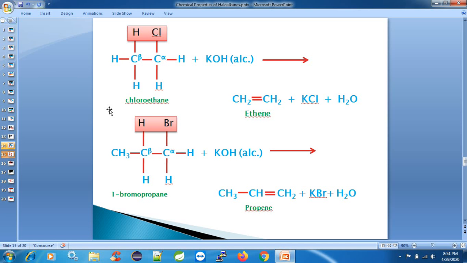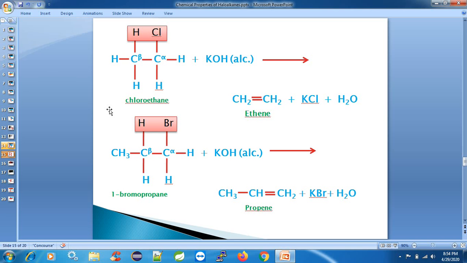Now I will discuss the examples. See the example here: chloroethane. Here the alpha carbon and beta carbon are both present. The alpha carbon is the carbon to which the halogen atom is attached, and next to it is the beta carbon. The hydrogen atom attached to the beta carbon is called beta hydrogen.